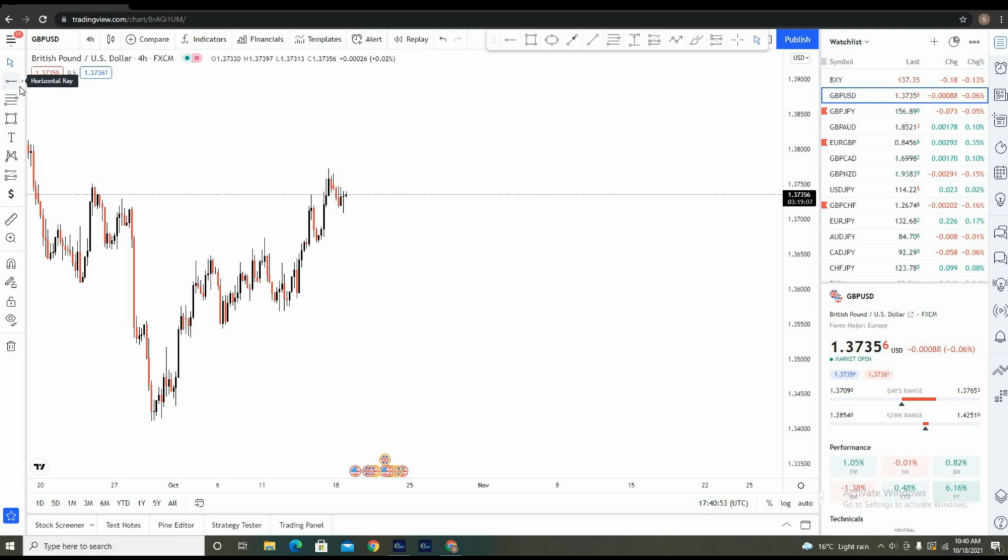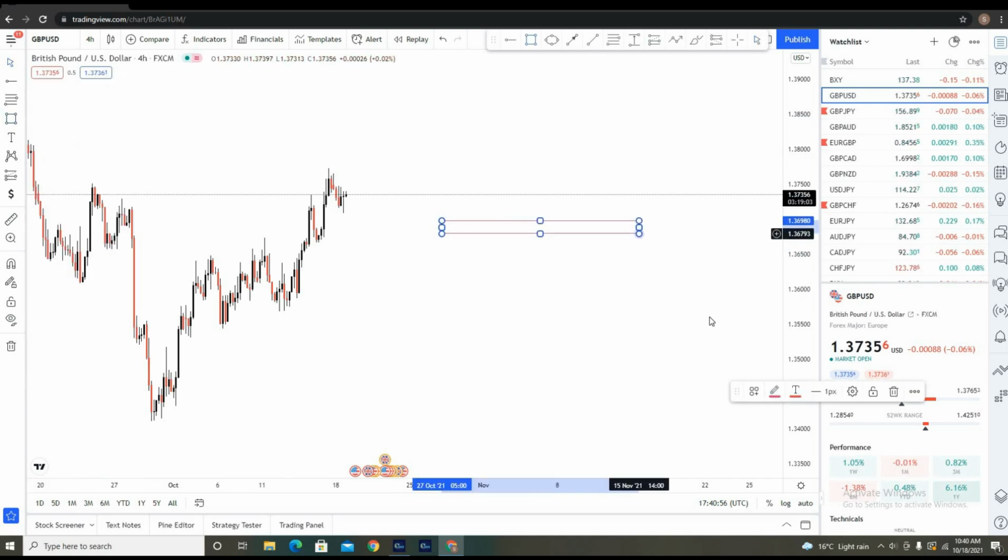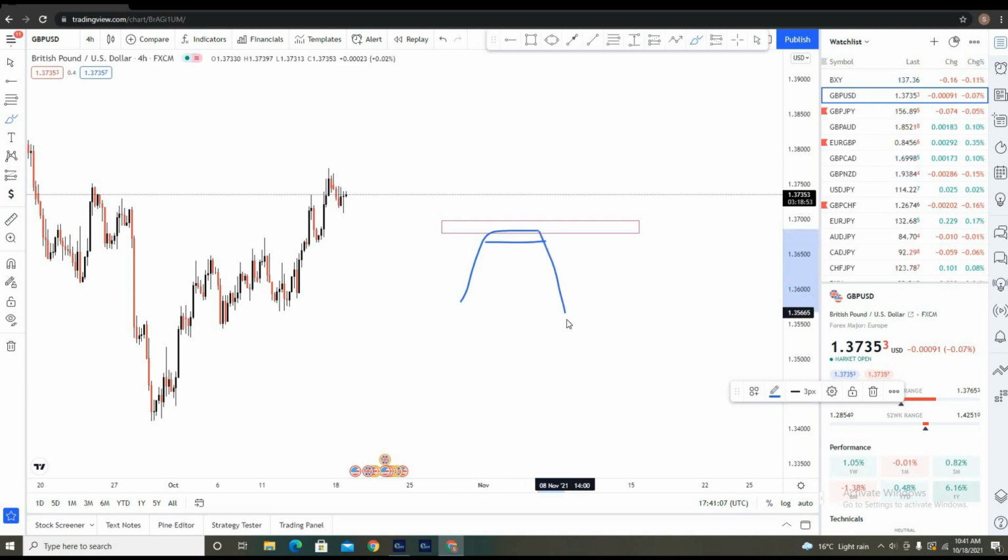When we are going to have a reversal, what we want to see is price get to a supply zone, this being our base area, sell zone, and then we have a reversal to the downside. So that's our rally, that's our base, this is our sell zone, and this is our drop.